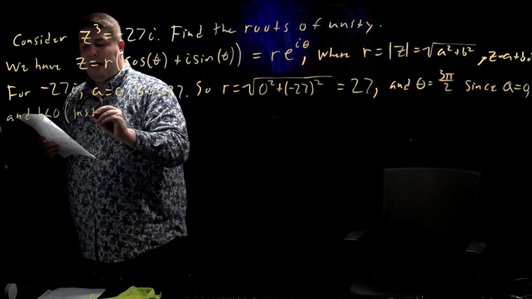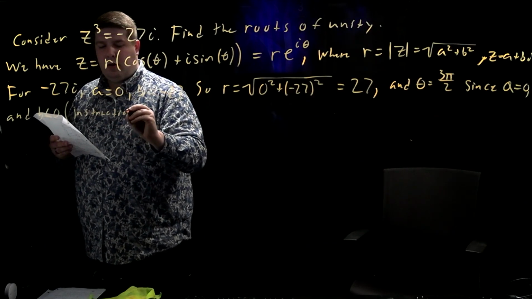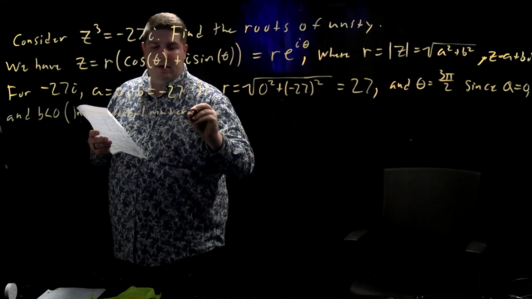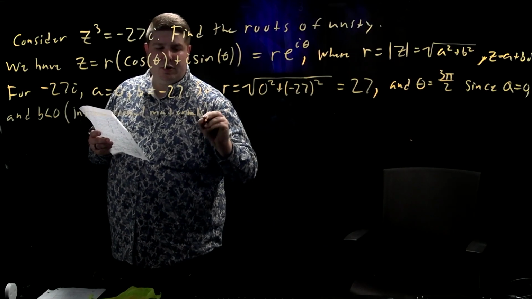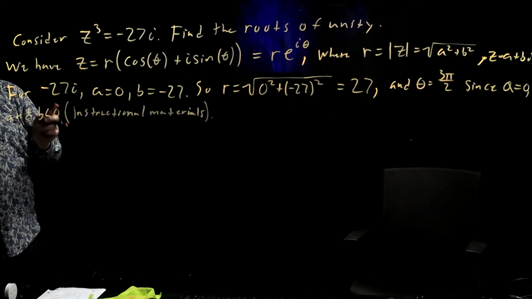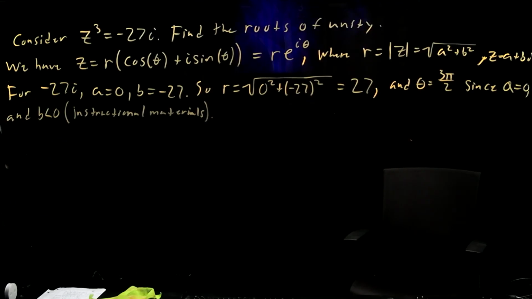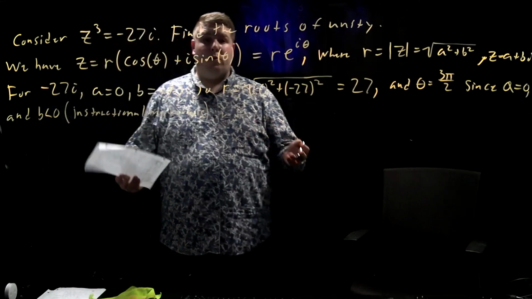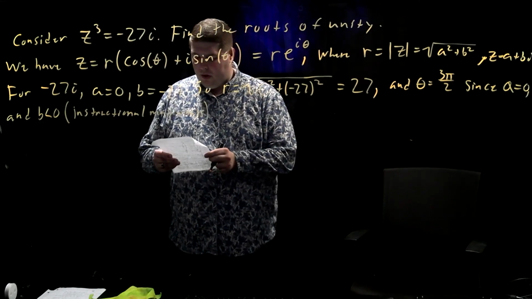And that's from the instructional materials. Your instructional materials will tell you what your theta should be depending on your situation, okay? But if our a is 0 and our b is less than 0, which it is here, then our theta is equal to 3 pi over 2, okay?